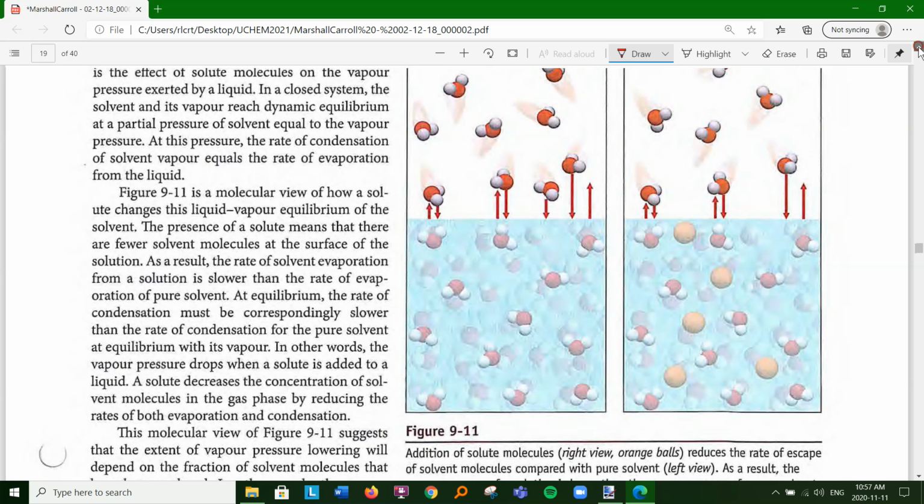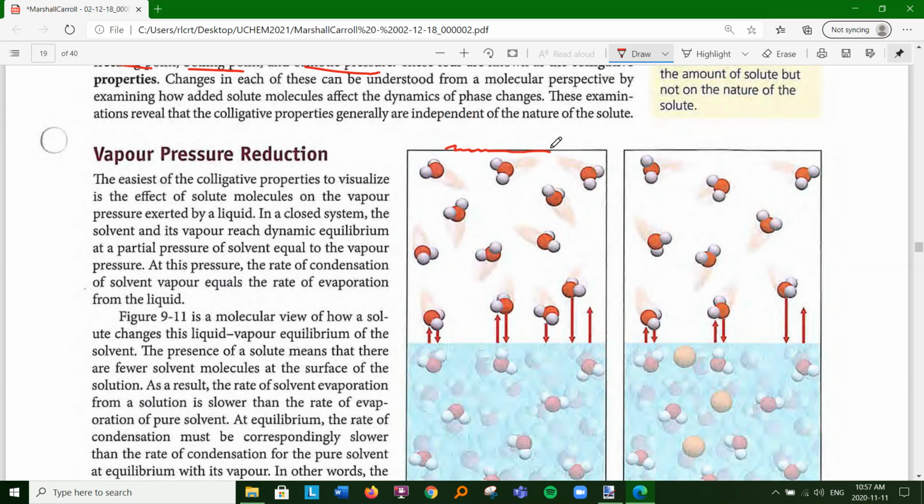Remember that the system has to be closed, right? We have to have it all nice and closed so it doesn't escape. And every now and then the water vapor molecules lose energy and they fall back down to the surface and even into the bulk of the liquid water while the liquid water comes out.